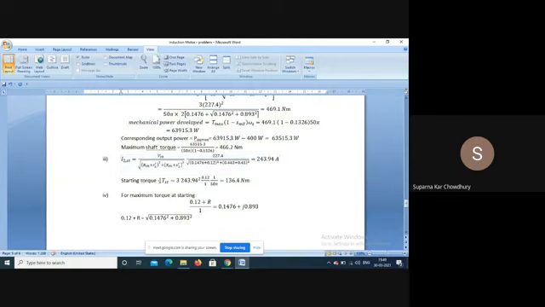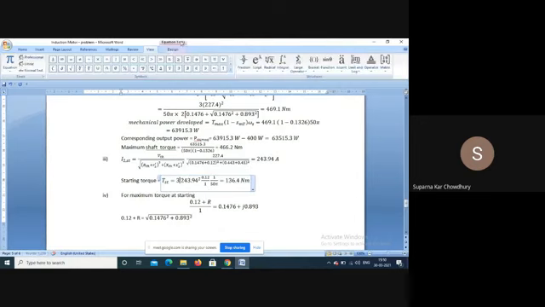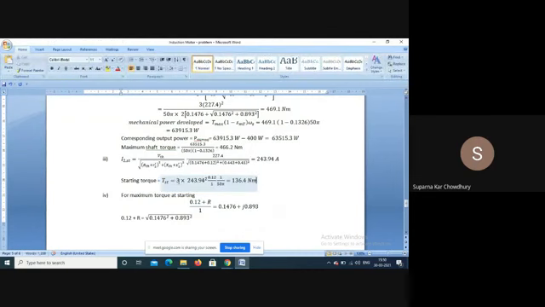So the starting torque will be 3, the number of phases, into I2 starting square into R2 by slip 1 into 1 by omega s. So putting the values, we get the starting torque as 136.4 Newton meter.